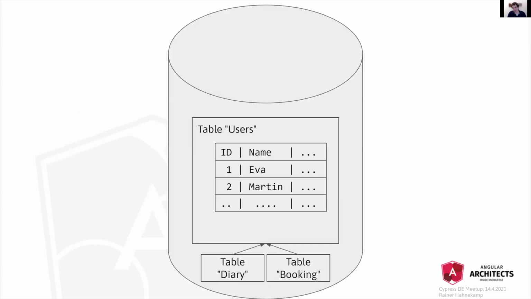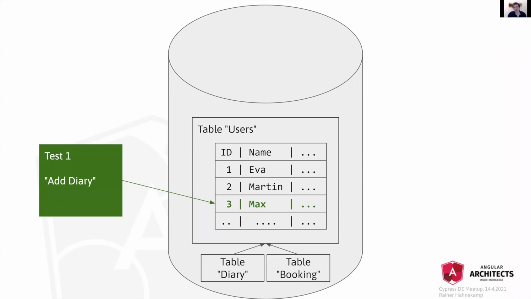Because here we have the database again with a users table, and you see on the bottom a table diary and also a table booking. Each of these tables is linked to a certain user ID. So we could have a test where there is a diary functionality. I have a certain user, and the user can log in. After that, the user has a diary where the user can enter some data.